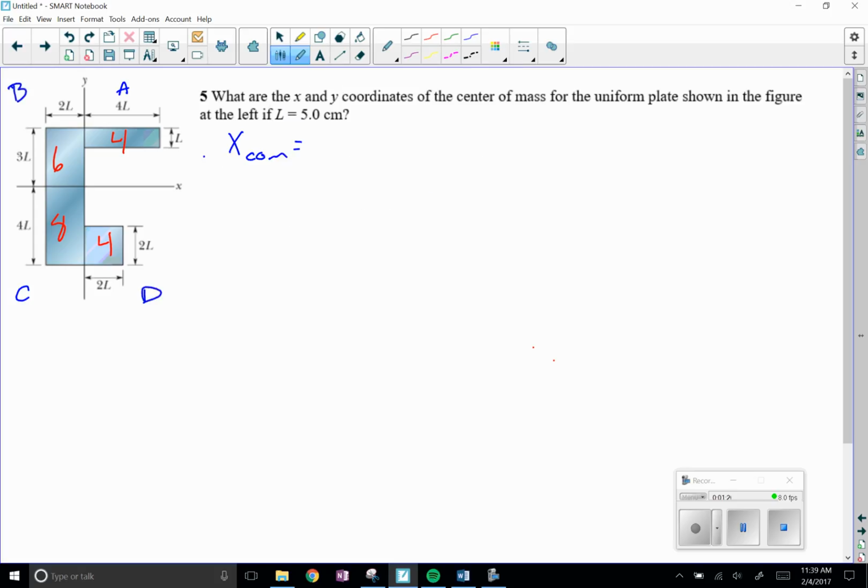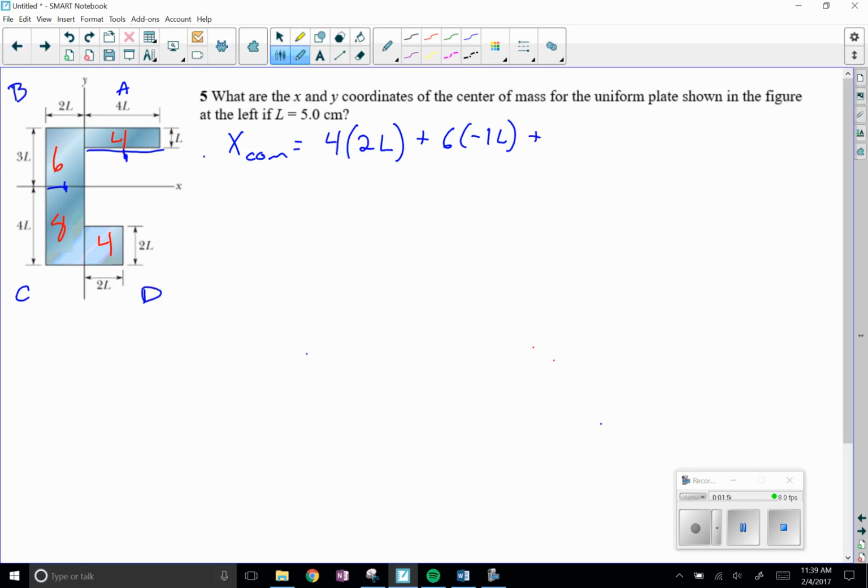To find my x center of mass, I'm going to take the mass of chunk A, which is 4 mass units, times the x position of its center of mass. If this is 4, its center would be at 2, so 2L. Plus, chunk B has a mass of 6 units, and its center of mass is over here at -1 on the x-axis, so -1L.